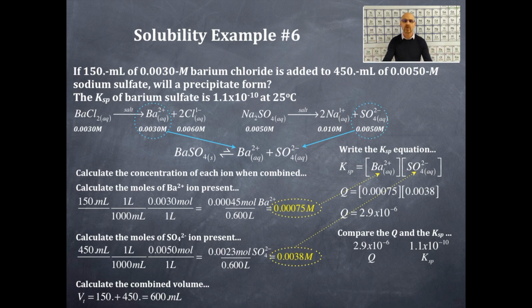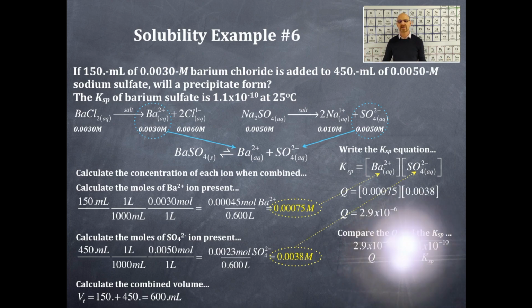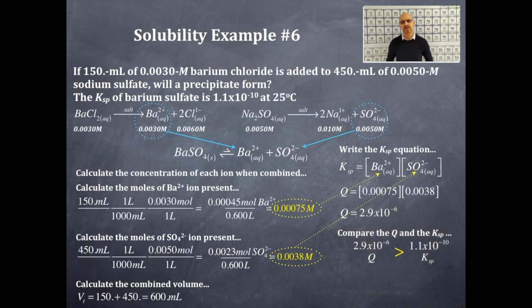So are they equal? Is the Q less than the KSP? Is the Q greater than the KSP? It just so happens that the Q is greater than the KSP. When the Q is greater than the KSP, that means it's a supersaturated solution, and a precipitate will occur under these given circumstances. Again, if the Q was equal to the KSP, no precipitation.